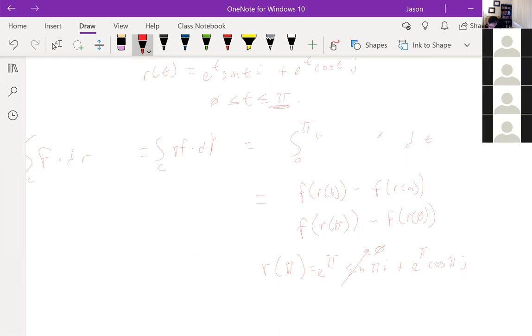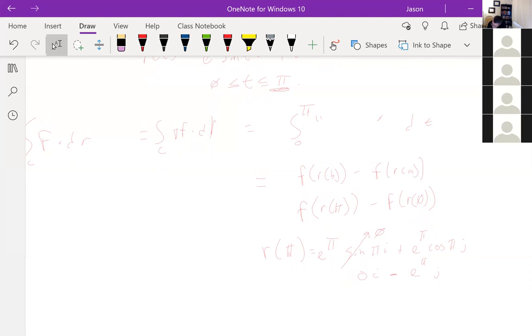What about this one? e to the pi cosine pi, that's negative 1 times e to the pi, so this is going to be 0i minus e to the pi j, right? Yep. Okay, and so that's what r of pi is. I'm going to write this in component form. Just say that r of pi is equal to 0 and negative e to the pi.